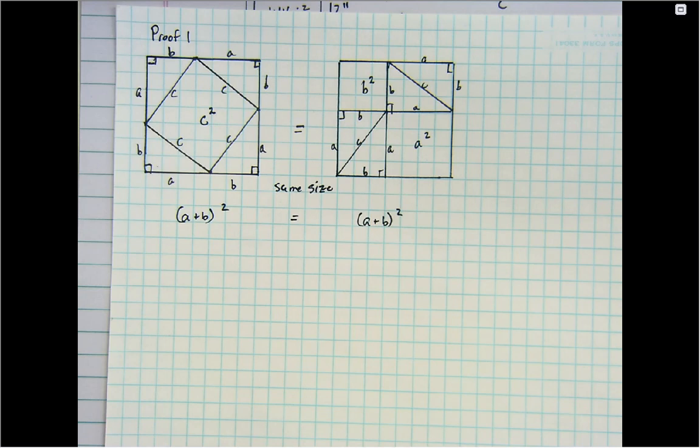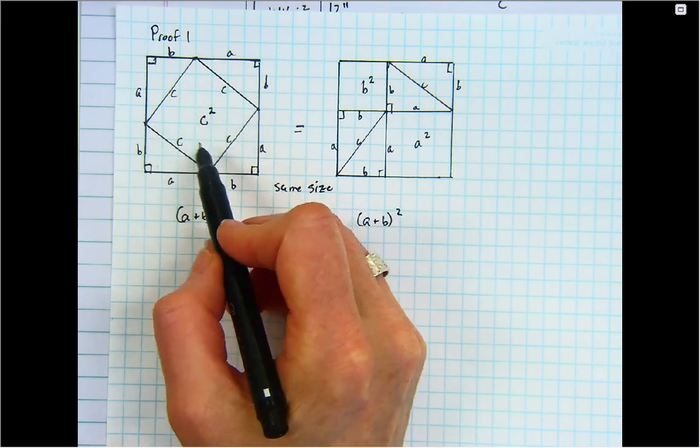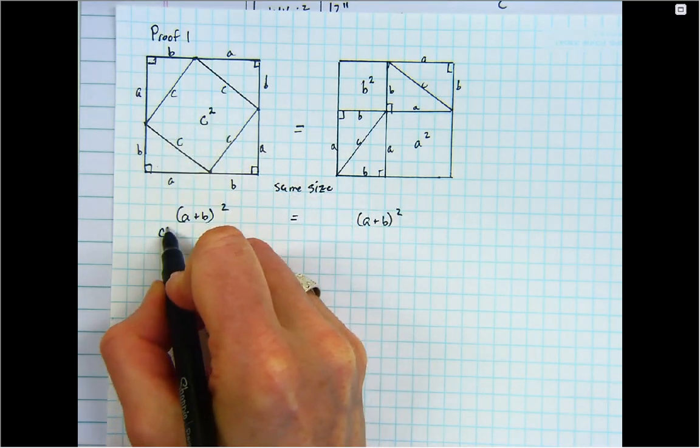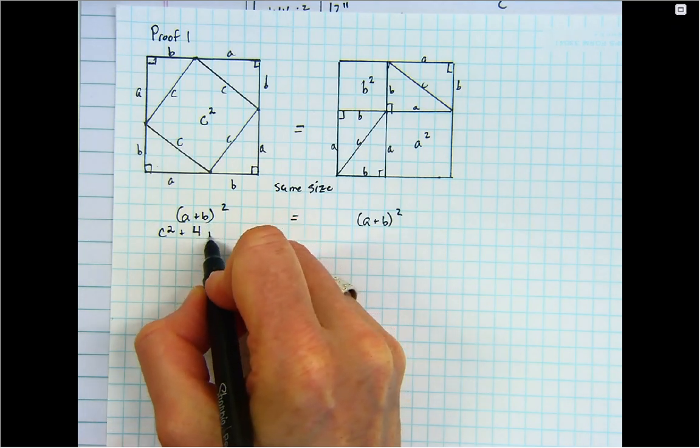So now we'll just describe why that matters. And why that matters is over here, this square is made up of the big empty c squared plus the 4 right triangles.